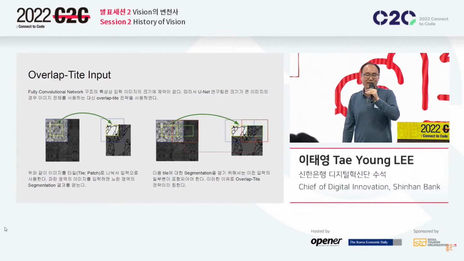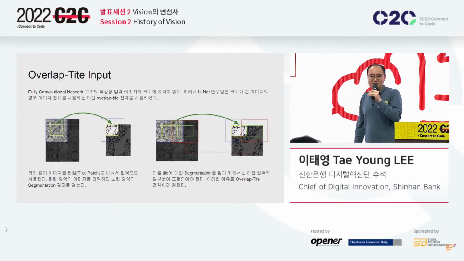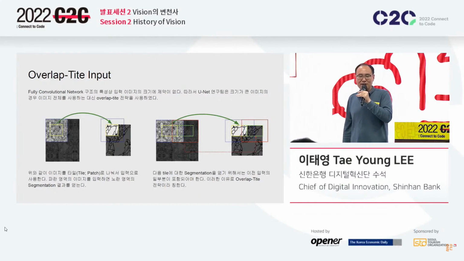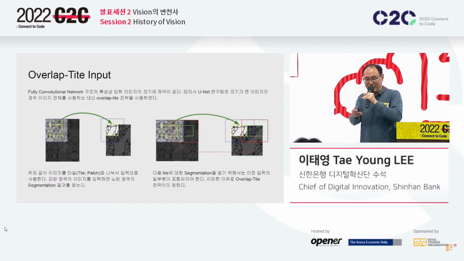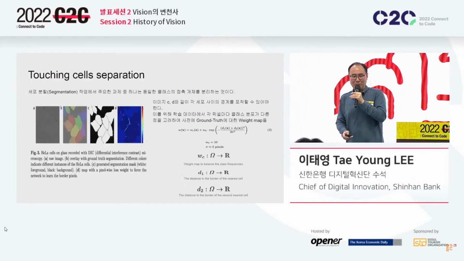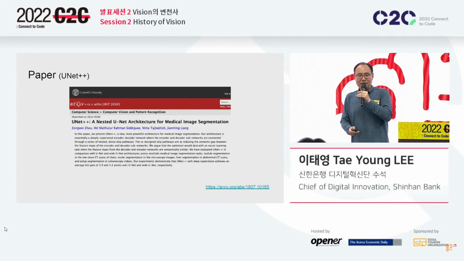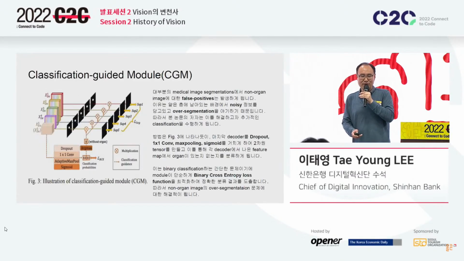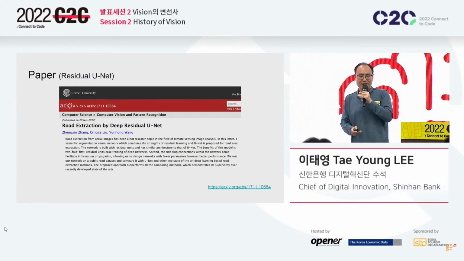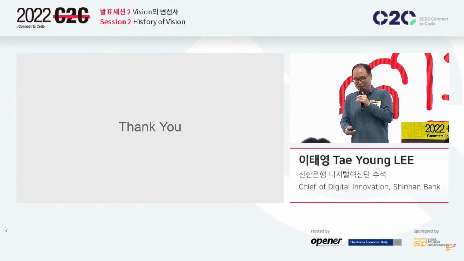As for input, there are no limitations in terms of the size of the input image. So we can use the overall image and divide it into smaller tiles. And this is how UNet has been evolving in the sector of segmentation, especially in the medical sector.